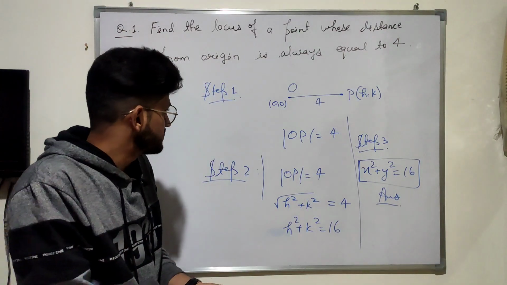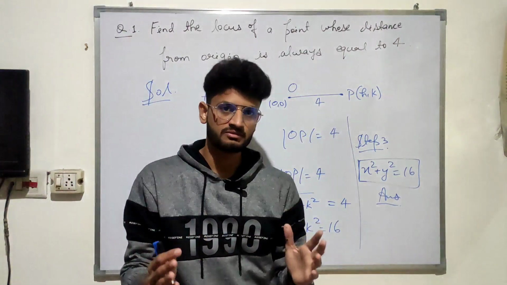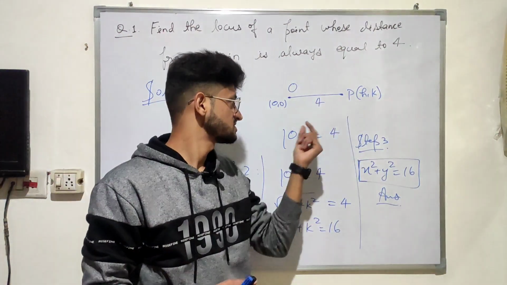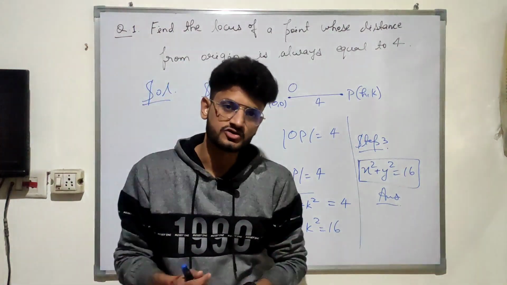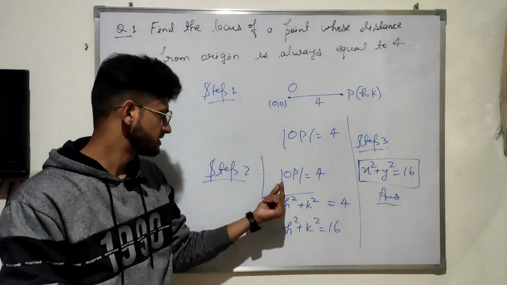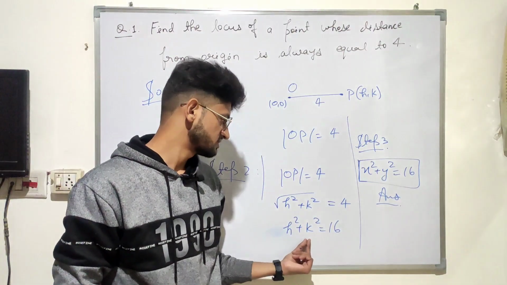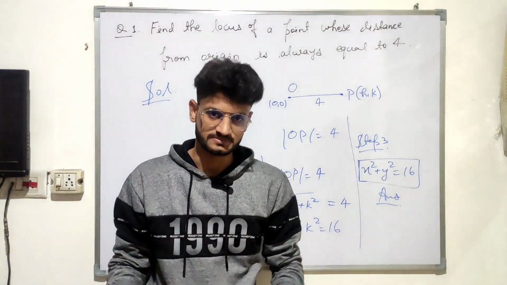So let me revise again. In step number 1, we identified the problem, went through the statement of the problem, and plotted a rough sketch. In step number 2 we applied the conditions given to us, that is OP is equal to 4. We applied the distance formula, and after solving it we got h square plus k square is equal to 16.